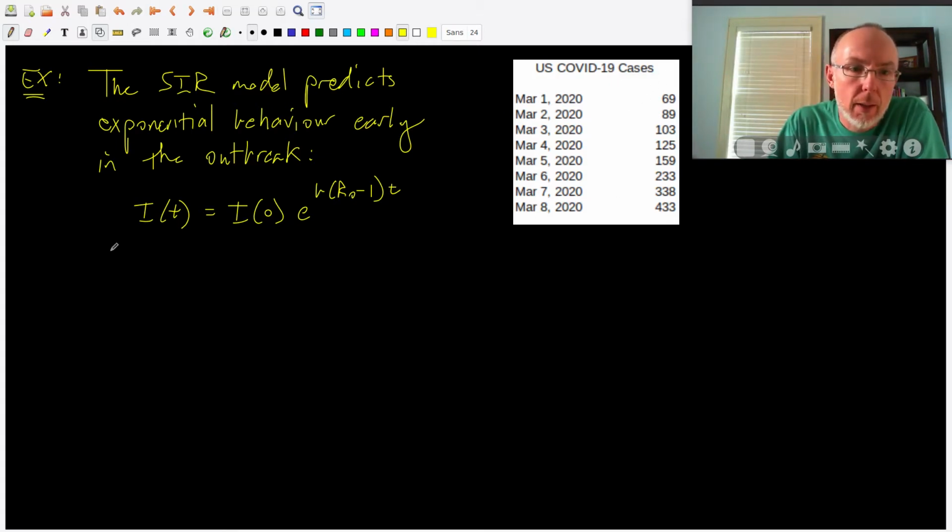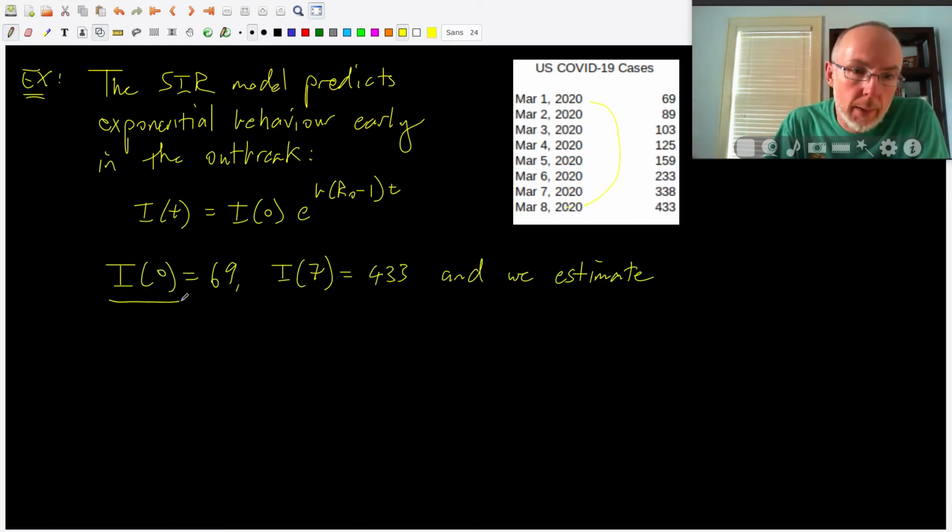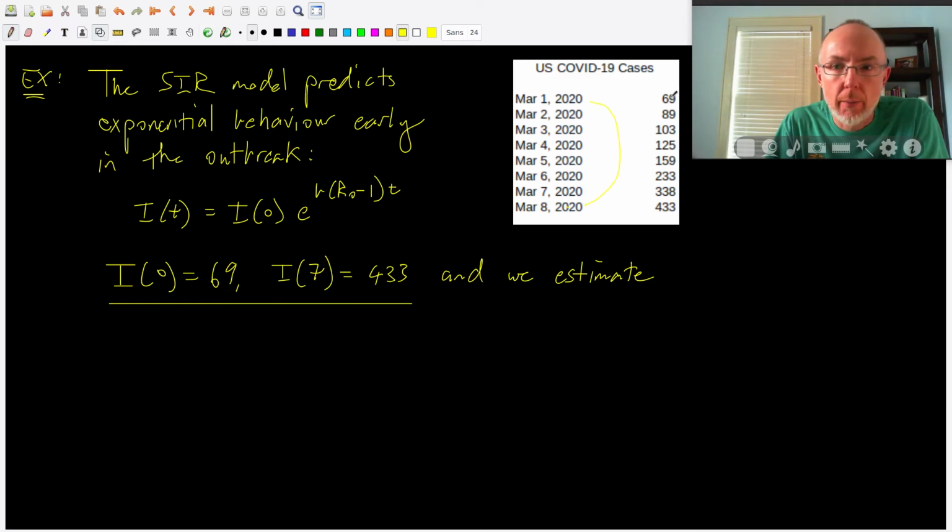But let's be even more simple-minded here. Let's look at these 2 days, 1 week apart, and let's think about what happens in that period. If I started on March 1st and went to March 8th, 7 days later, and this was the change in cases, then I would take I of 0 to be 69, and 7 days later, I of 7 is going to be 433. So there are the two values that I'm pulling from the table here.